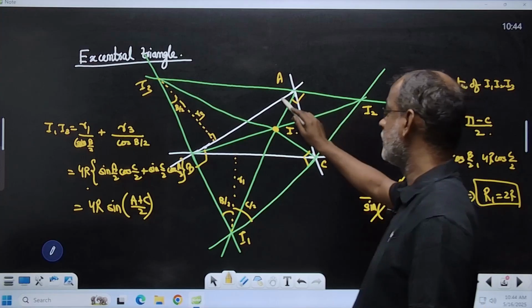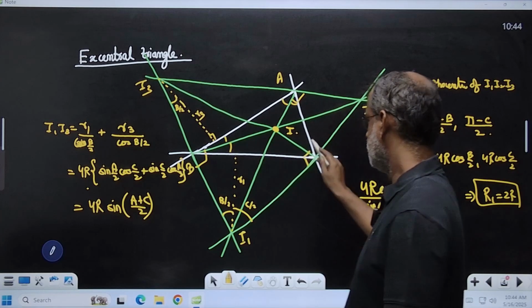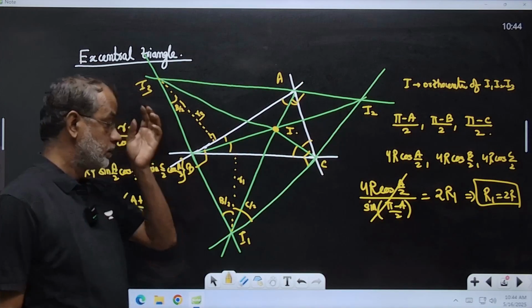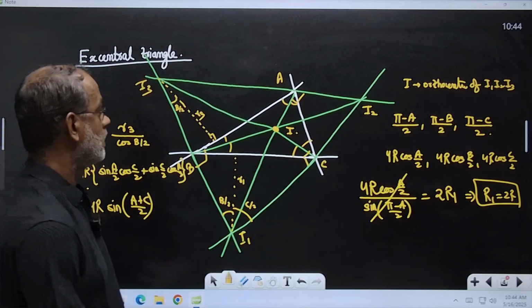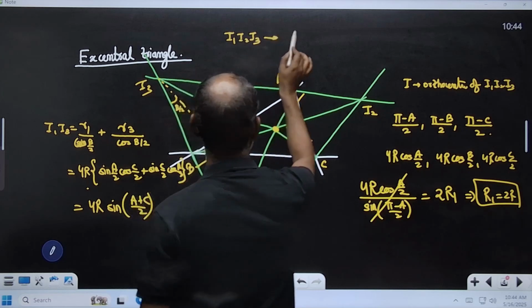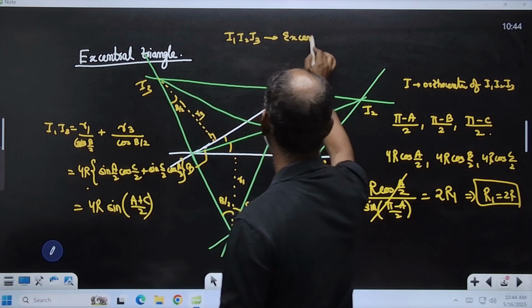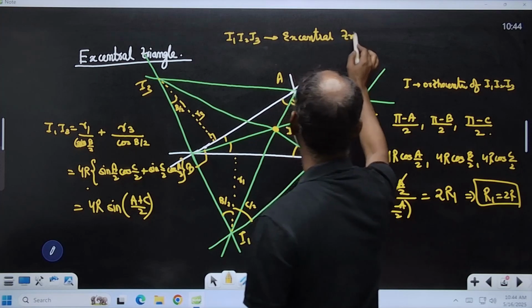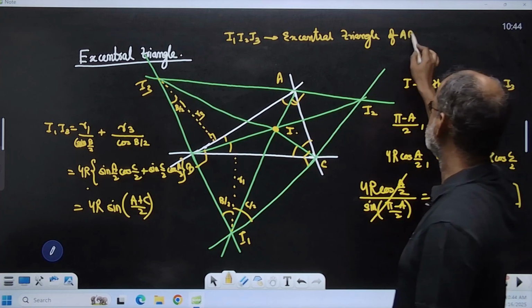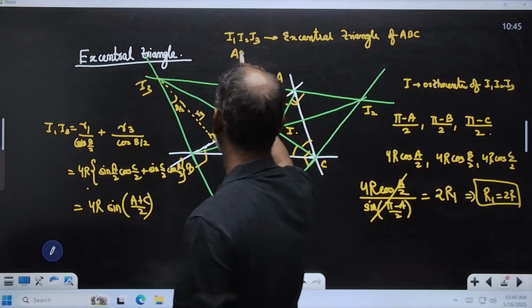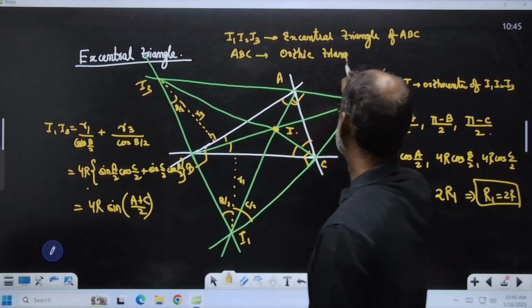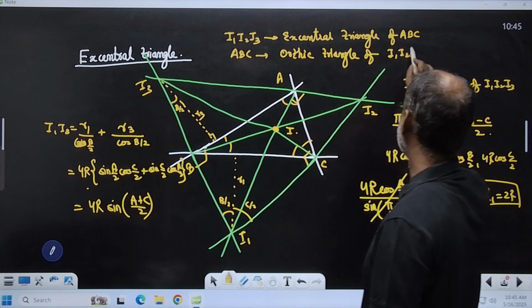Okay, and you can see these two angles are equal. So, I1, I2, I3 is the excentral triangle of ABC, and ABC is called the orthic triangle of I1, I2, I3.